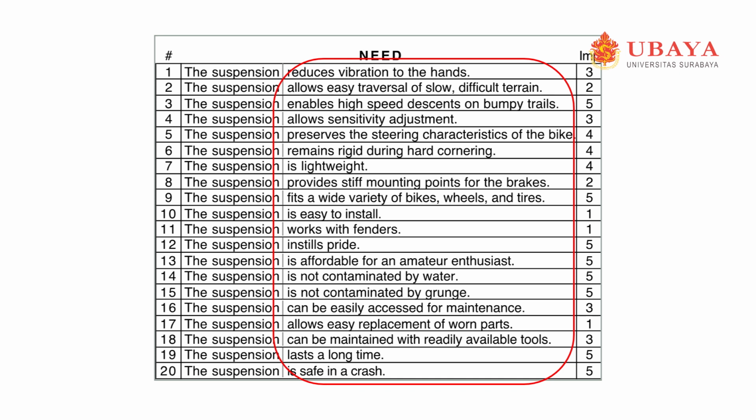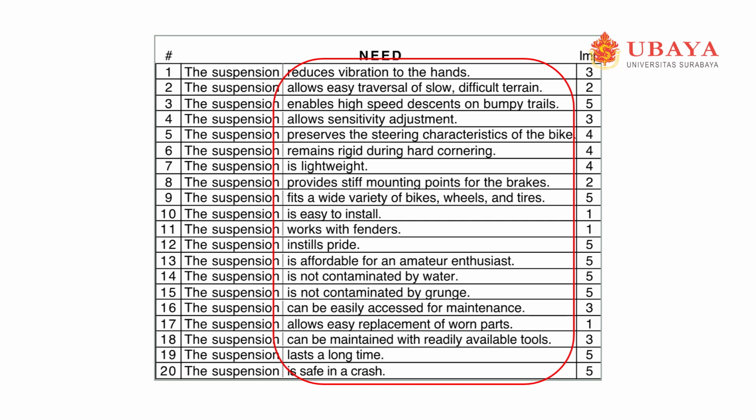It's not good for your body. The rest, you can see by yourself on the slides. There are 20 customer needs, and on the right you can see the importance level. We use a scale from 1 to 5.